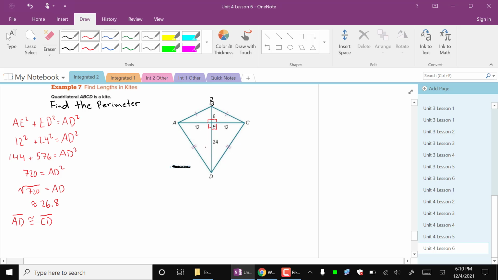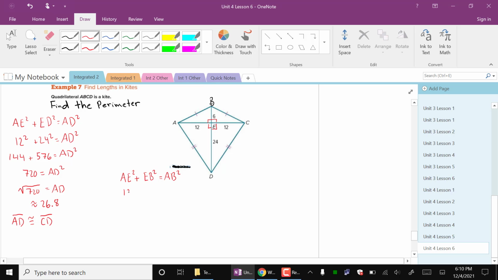So now we're going to find AB. So we're going to do our two sides right here. One of our legs is 12. Our other leg is 6, our A values and our B values. So AE squared plus EB squared equals AB squared. So A squared plus B squared equals C squared.